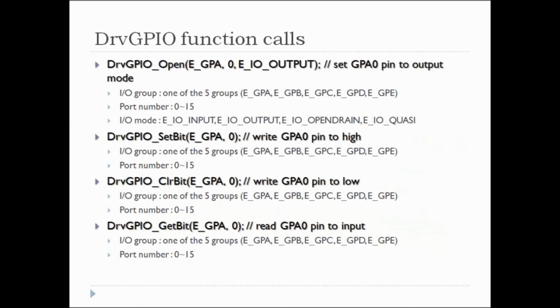The next function is DrvGPIO_ClrBit. This function is used to drive low. It has two arguments: one is the IO group, one of the 5 groups, and the port number 0 to 15.